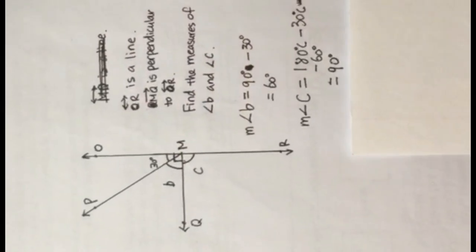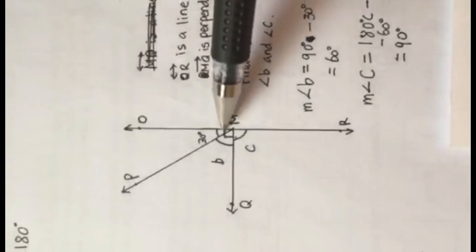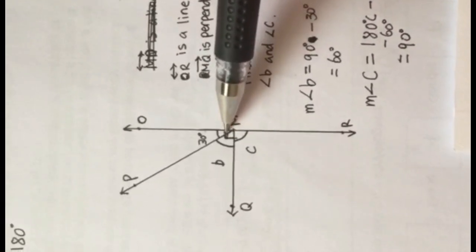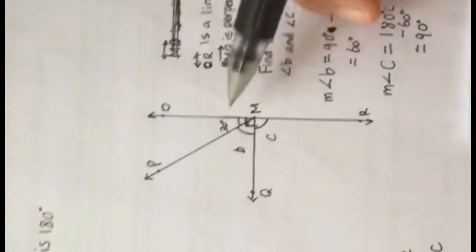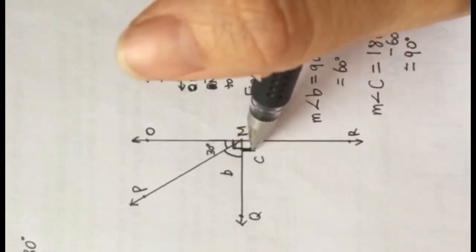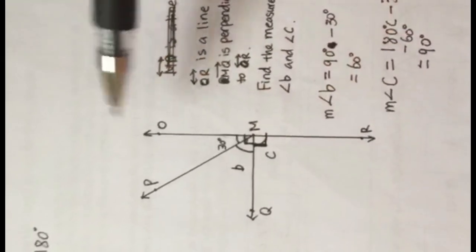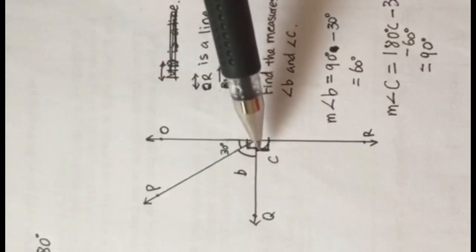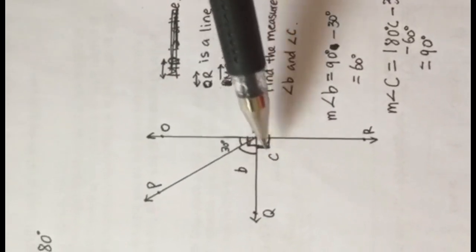Or there's an easier way too. If we know that this is a right angle and it's 90 degrees, we would know that the other angle is a right angle too, because a perpendicular line to another line forms two right angles, and naturally C would be 90 degrees.